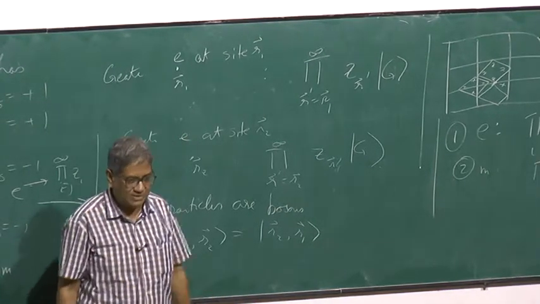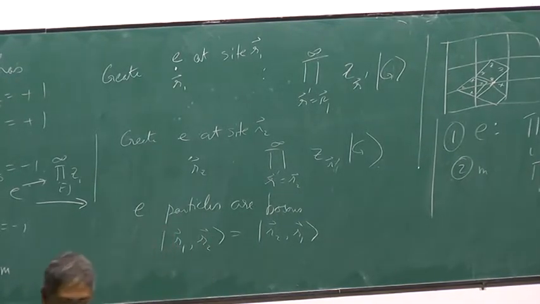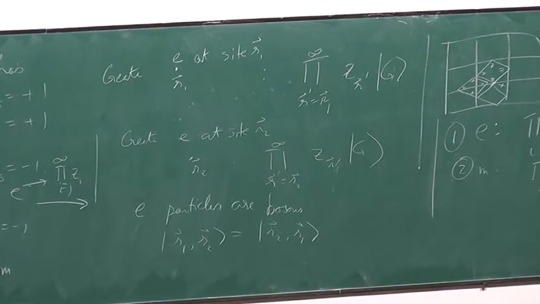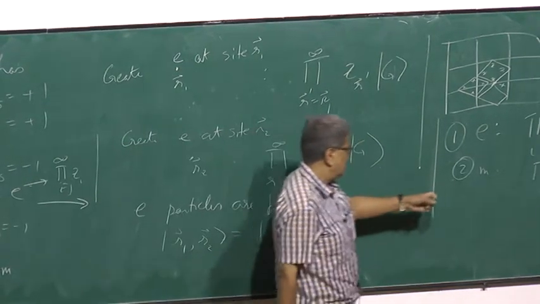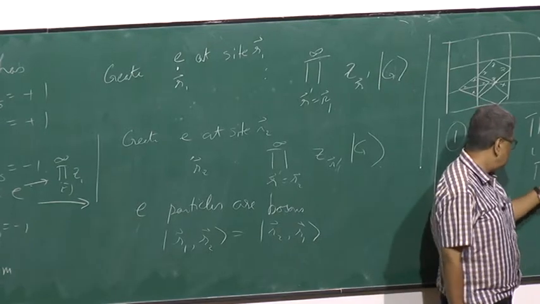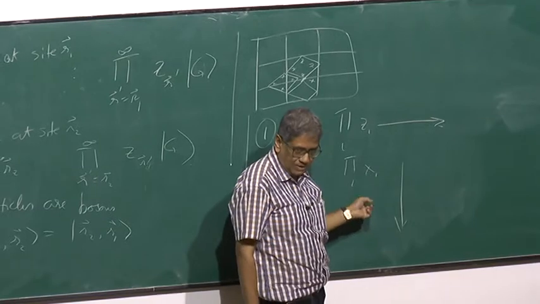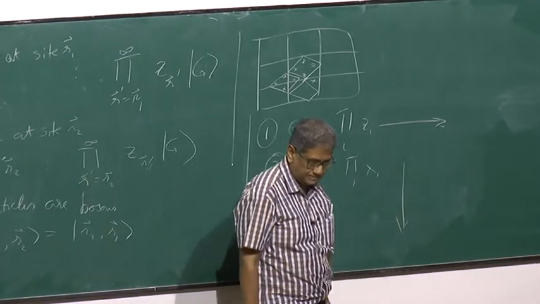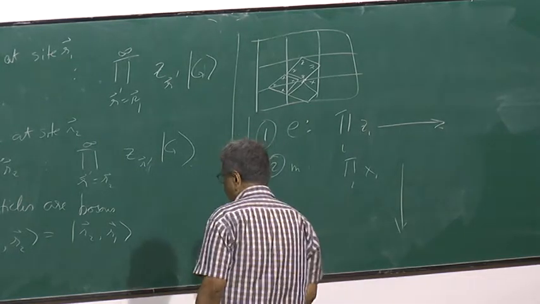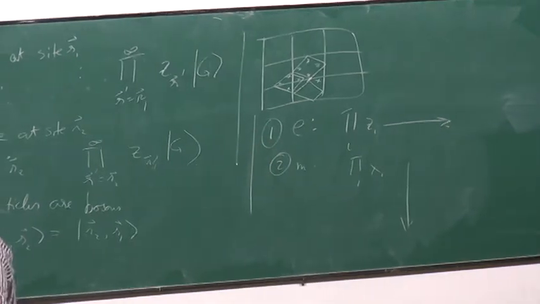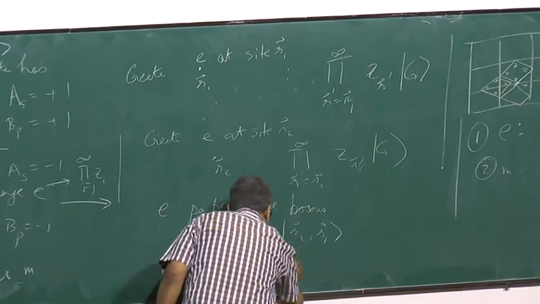So hardcore bosons, yes. So is this okay? You can see that it is also true of the magnetic charge particles. If you create two of them, because X's commute with each other, two magnetic charge particles also are bosons. So M particles are also bosons.